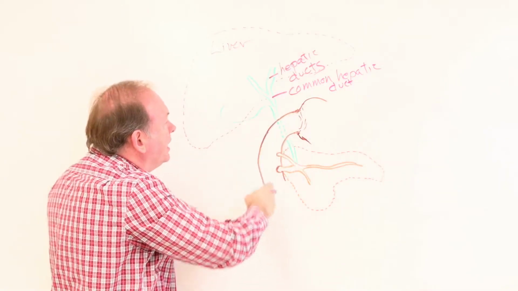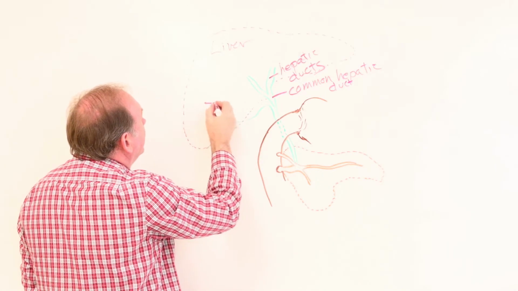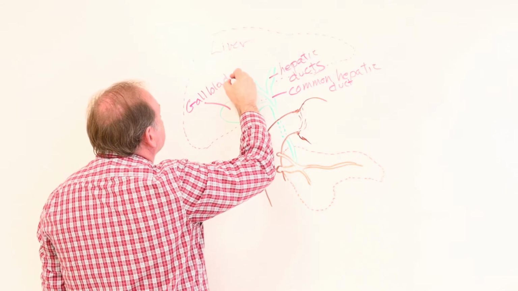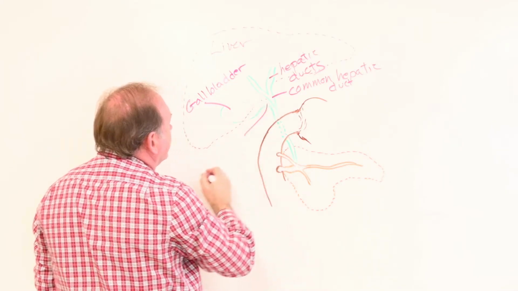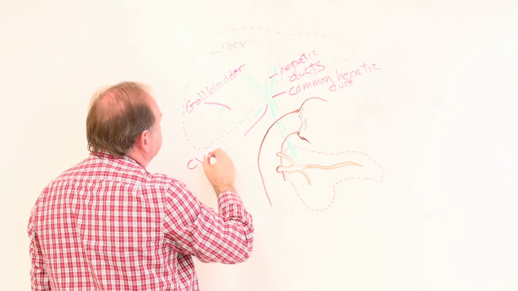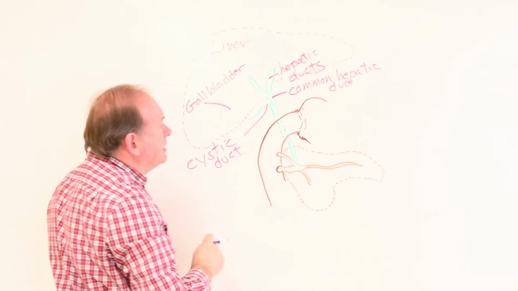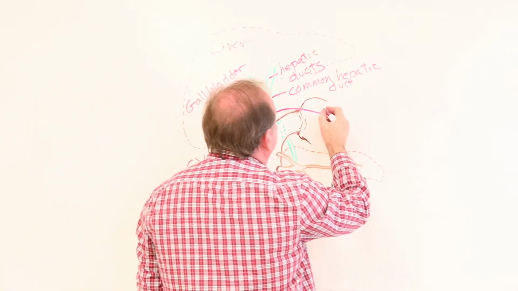Some bile coming down, and then over here we have our gallbladder. Draining the gallbladder, this duct right here is the cystic duct. Cystic duct, where they come together right here, this forms the common bile duct.